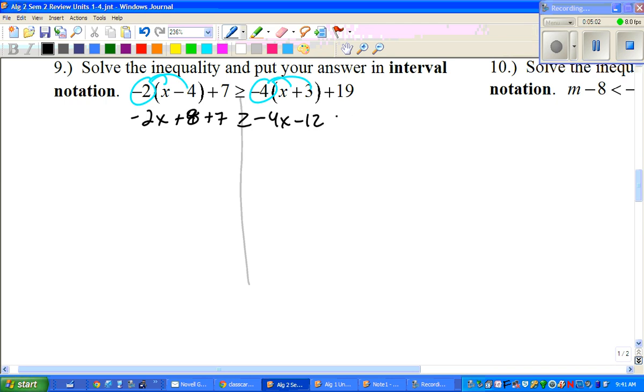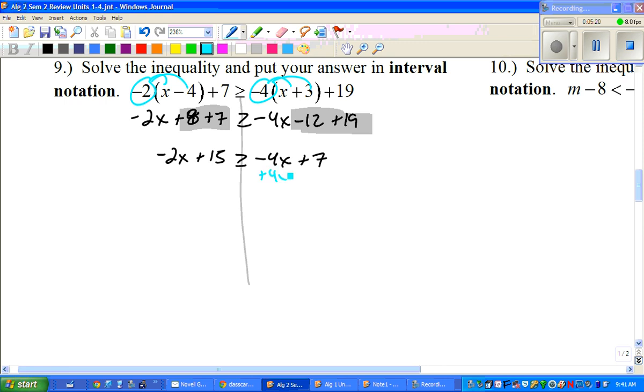Negative 4x minus 12 plus 19. Okay, combine your like terms. We get negative 2x plus 15 is less than or equal to negative 4x plus 7.